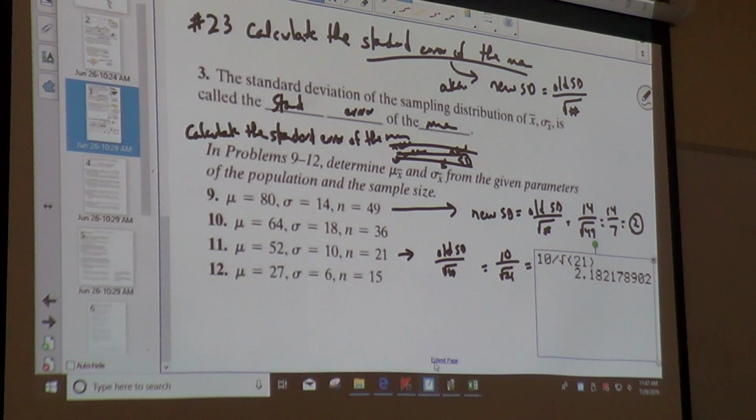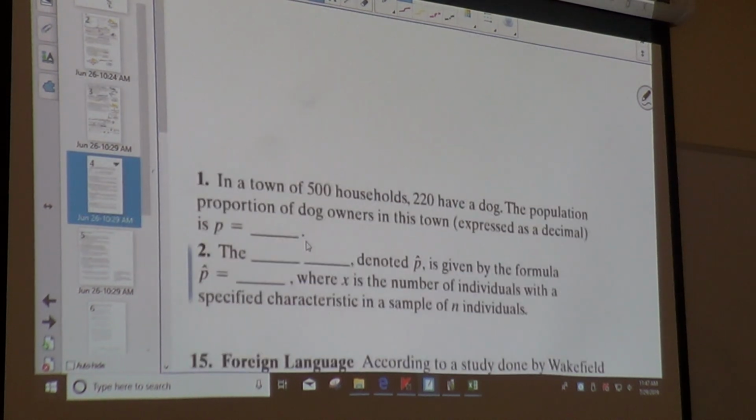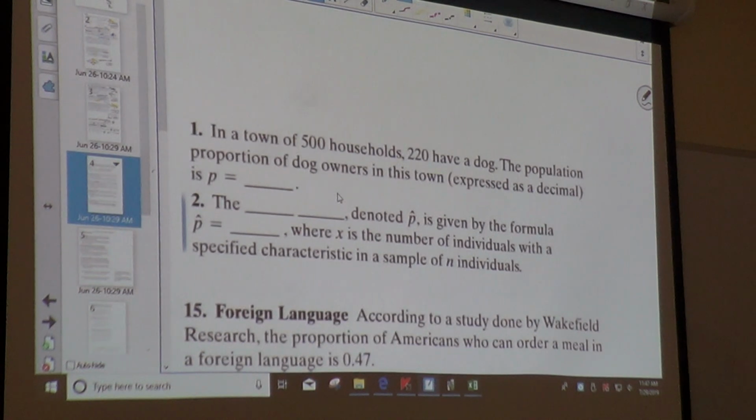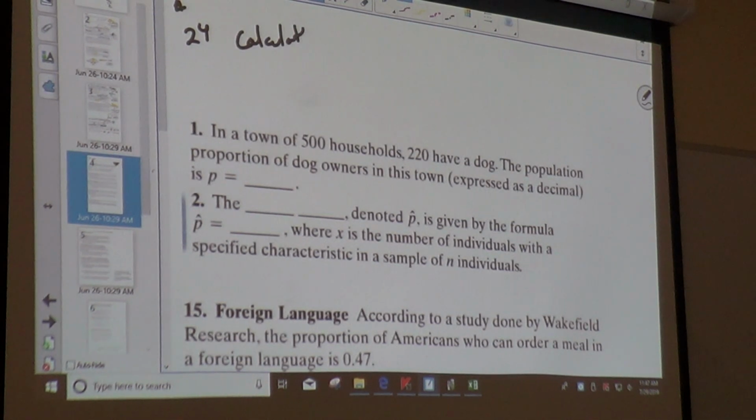Number 24, calculate the sample proportion. How do we calculate a sample proportion? What is a p-hat? Calculate the sample proportion.